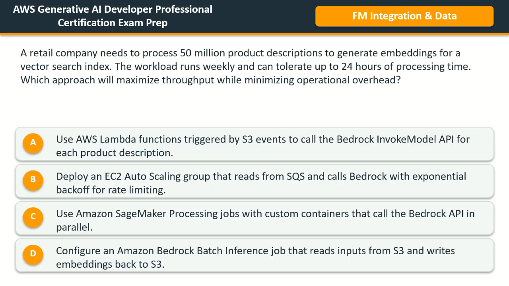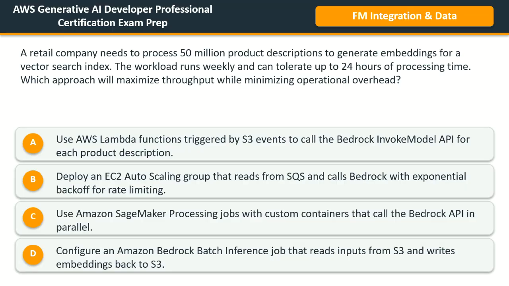Amazon Bedrock batch inference is purpose-built for exactly this scenario. You give it input data in S3, Bedrock handles the parallelism, retries, and throughput optimization, and it writes the results back to S3. No infrastructure to manage, no scaling logic to write, no rate limiting headaches. That's why D is the correct answer.